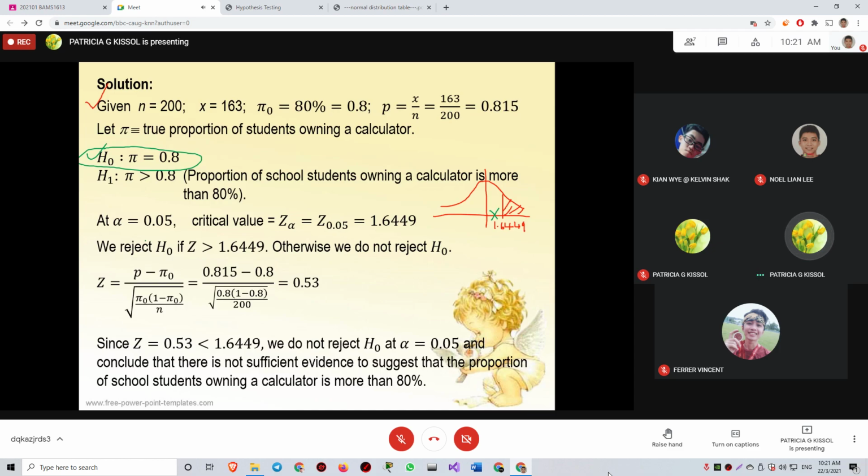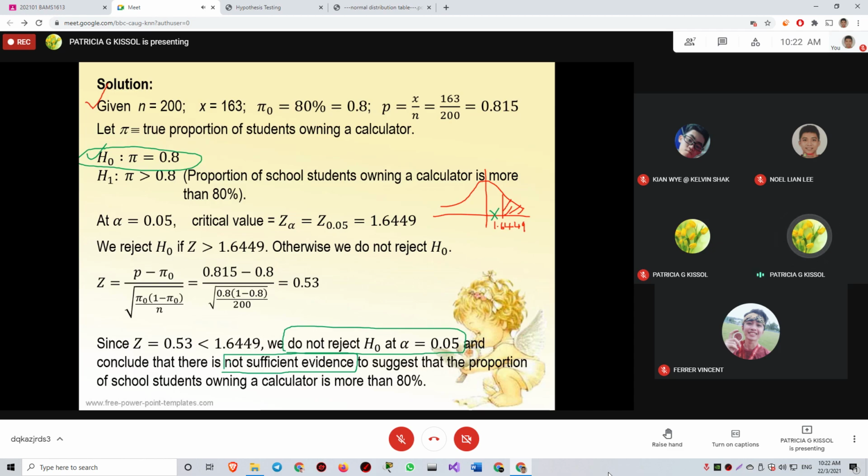We do not reject the null hypothesis at alpha equals 0.05 and conclude there is not sufficient evidence to suggest that the proportion of school students owning a calculator is more than 80%.